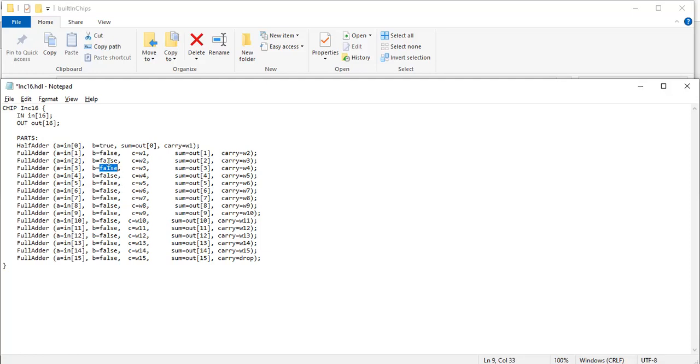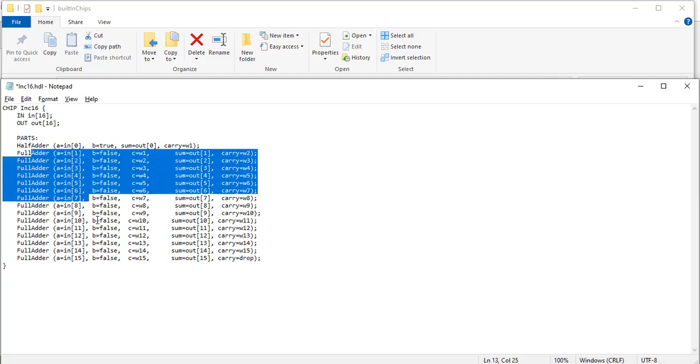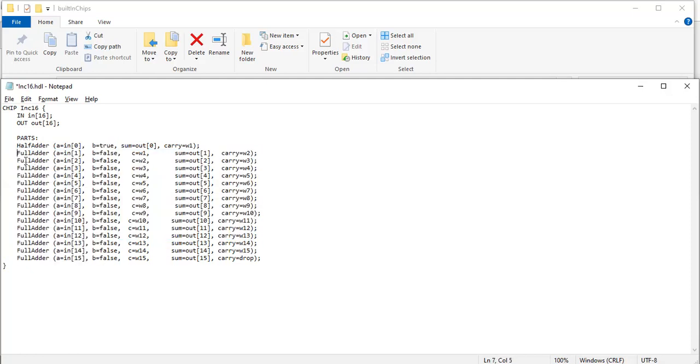And if we'd want an input of 1, true. Okay? So for all the full adders, ang B na terminal is nakaset as false na, nakaset as 0, except sa first na B terminal sa half adder, which is true, or 1.